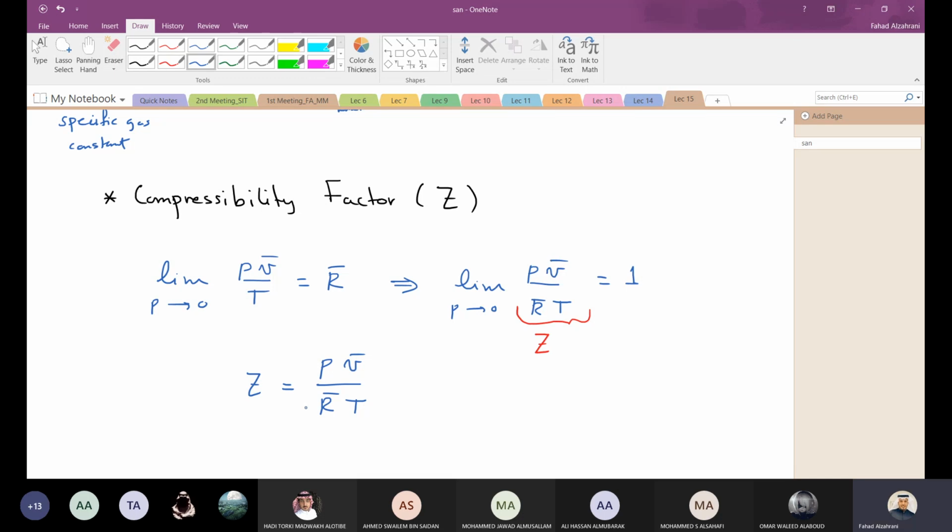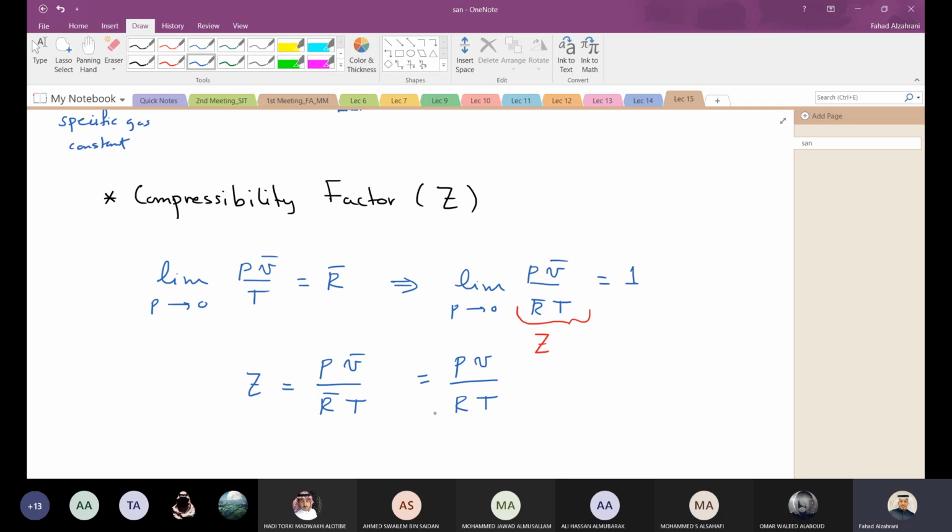This is what we call the compressibility factor. This is in terms of molar basis, and we can also rewrite it in terms of mass basis, which is PV over RT, and R here is not the universal one anymore. This is the specific gas constant.